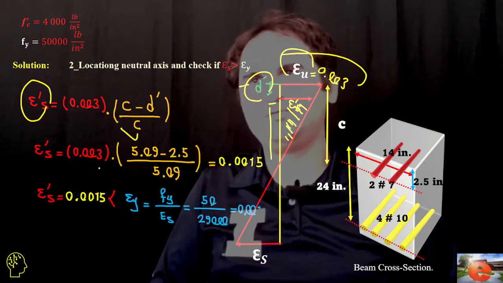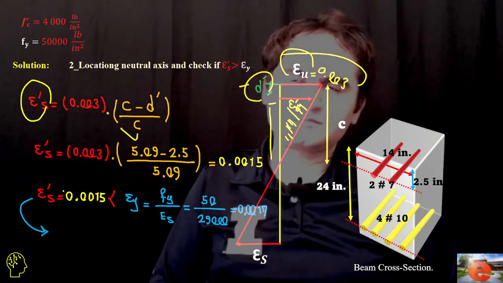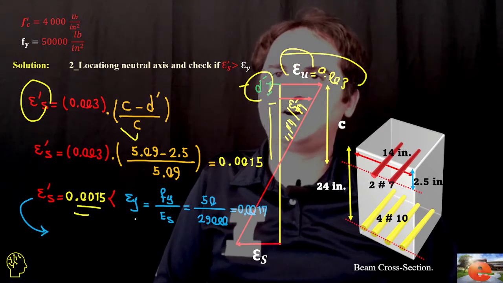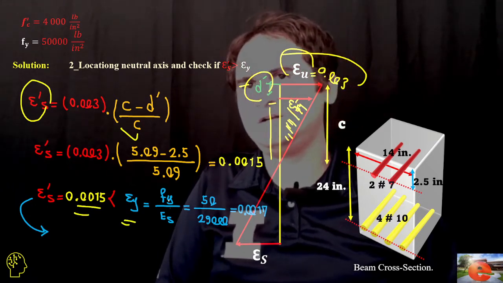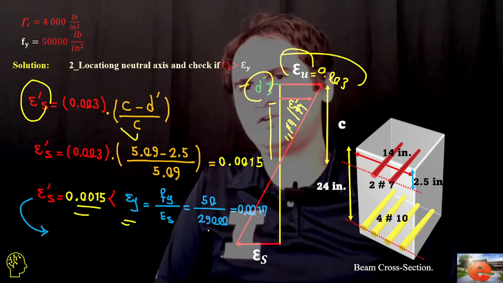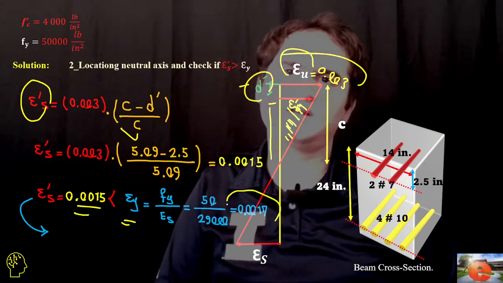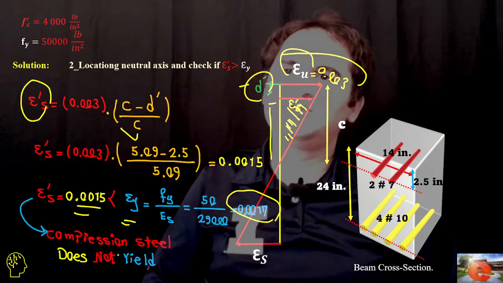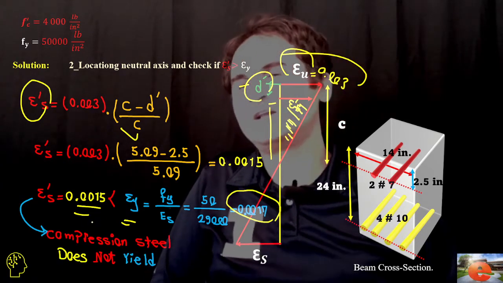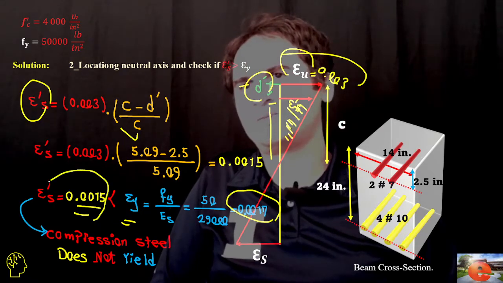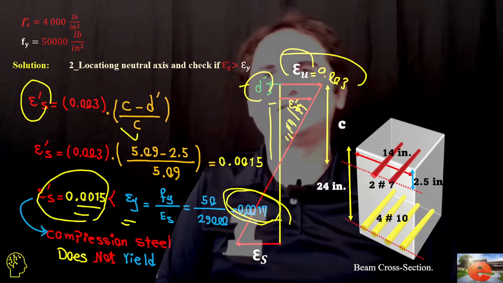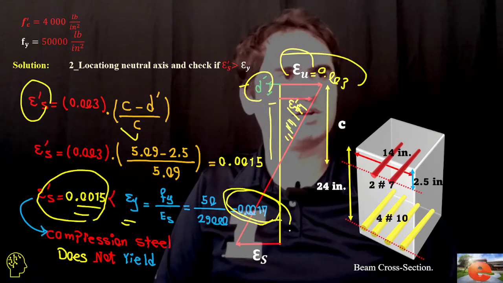We need to look at epsilon prime s, which is 0.0015, and our epsilon y, which is f y, the strength of grade 50 steel, over E s, which is 50 over 29,000, and that makes it 0.0017. We can easily see the compressive steel doesn't yield. Epsilon prime s is 0.0015, which is smaller than 0.0017, so it's not going to yield.